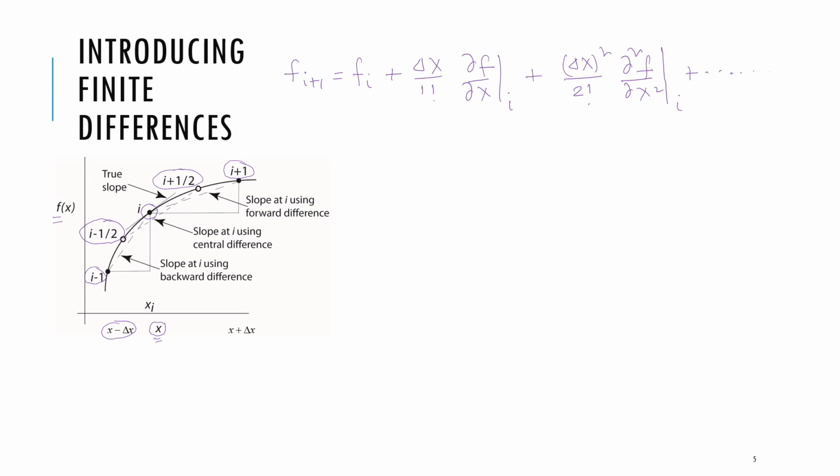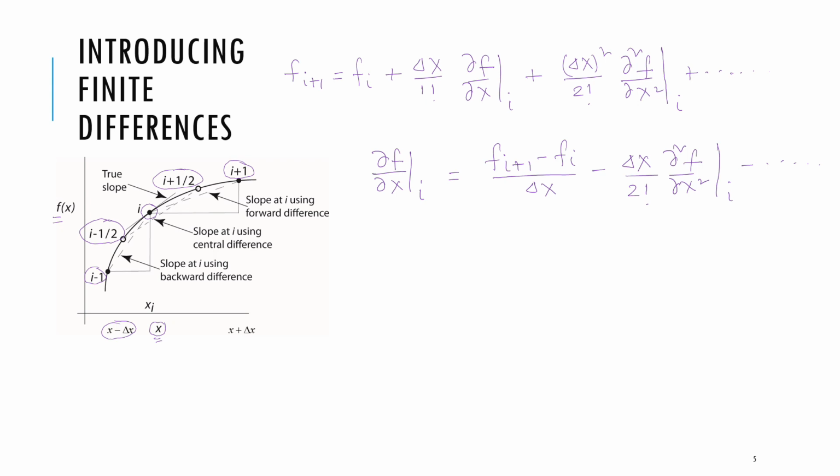Okay, and now we want to solve for the derivative because that's what we are after. So if I write del f del x on the left hand side, that's equal to (f_{i+1} minus f_i) over delta x minus delta x over 2 factorial del squared f del x squared at i, and so on.